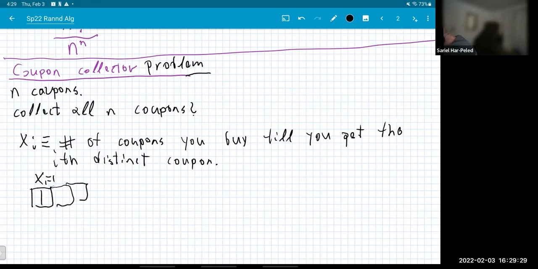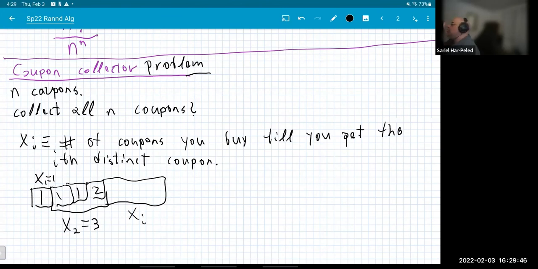You buy a third one, it's identical, but somehow this is 1, 1, 2. But luckily for you, in the third round, you got a different coupon. So this would be X2 equal 3. And we continue in this fashion. Essentially, Xi is, since the time you have i minus 1 distinct coupons, how many coupons did you have to buy until you get i different coupons. Okay, so this is this era.